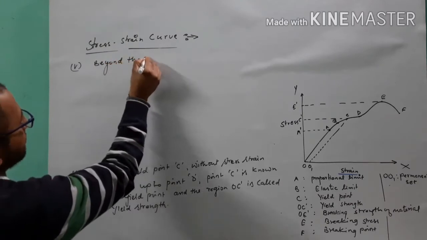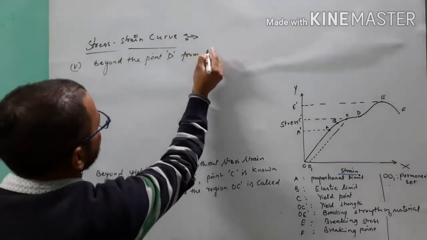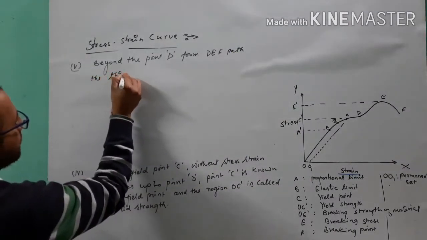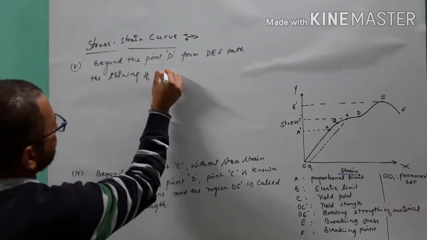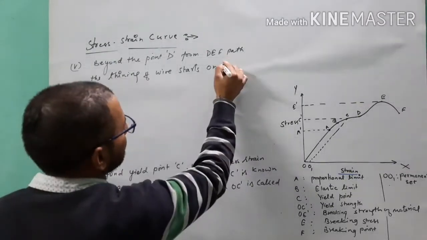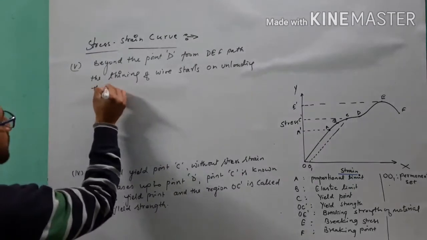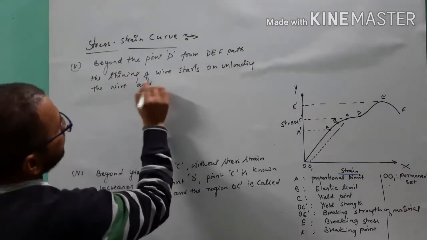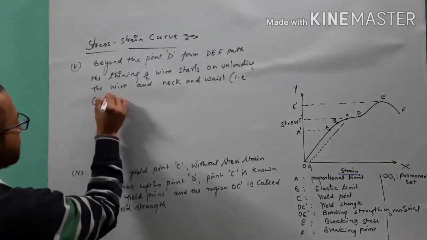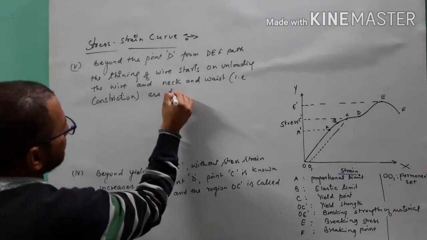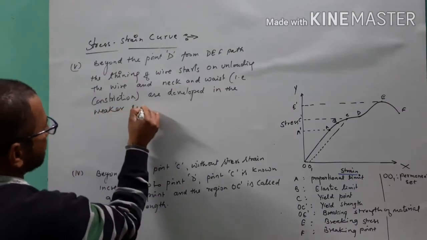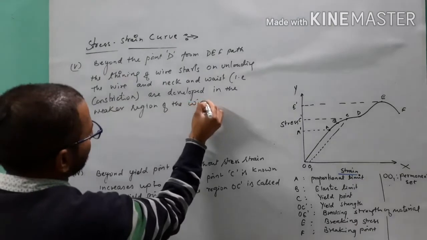Beyond the point D, from the DEF path, you can see in the diagram, thinning of the wire starts on removing, or you can say unloading, the wire, and next, what are known as constrictions are developed in the weaker region of the wire. Point clear?